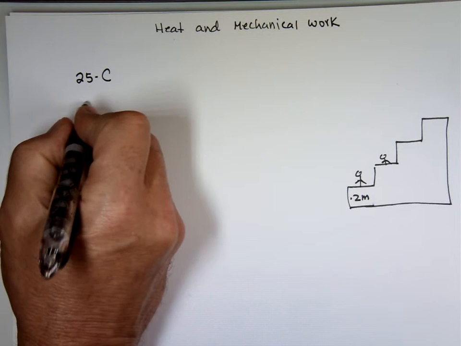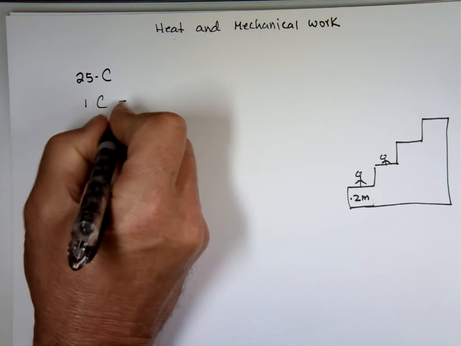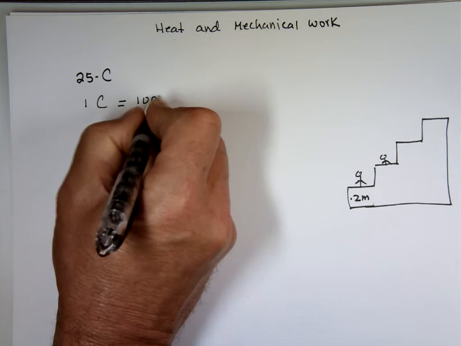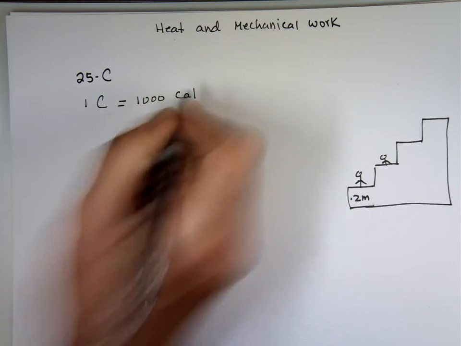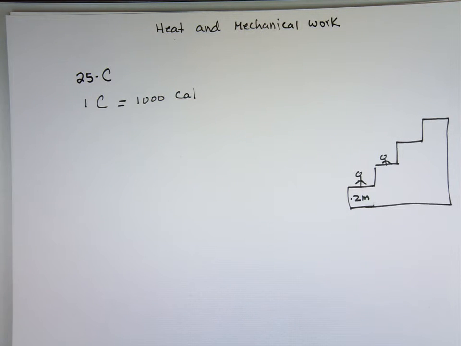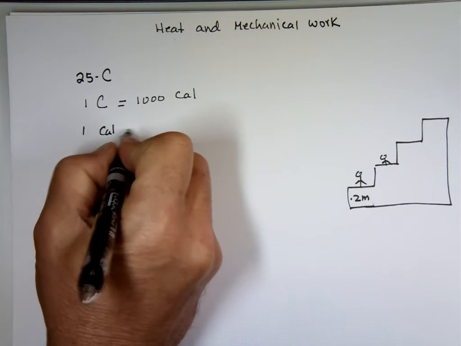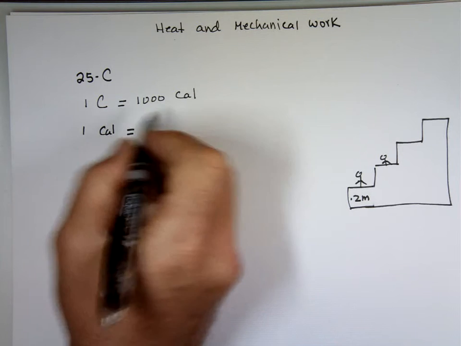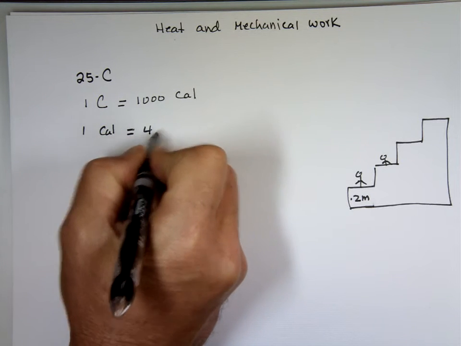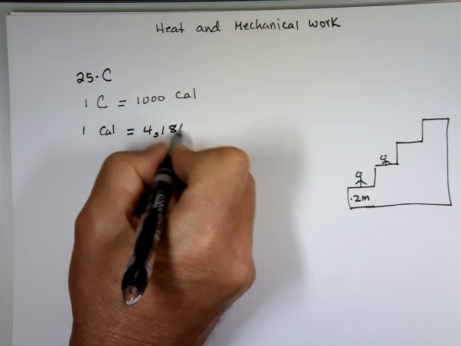Well, here's the news. One big C, one capital C, is equal to 1,000 calories, 1,000 of them. And here's the other bad news. One of these calories, the little c, cal, is equal to 4.186 joules.